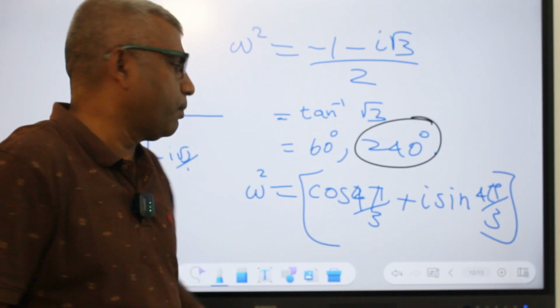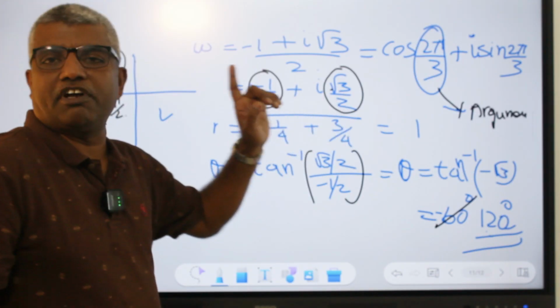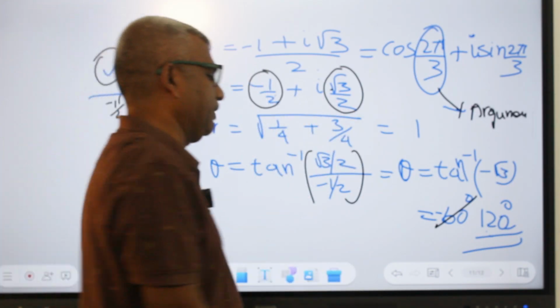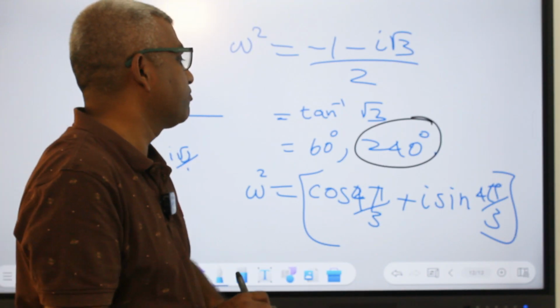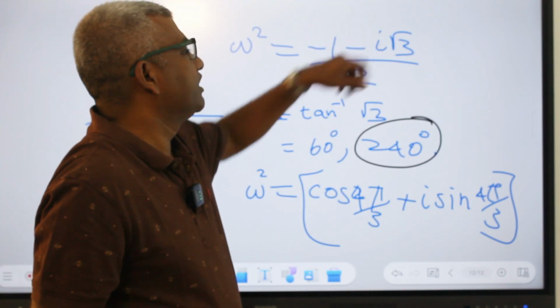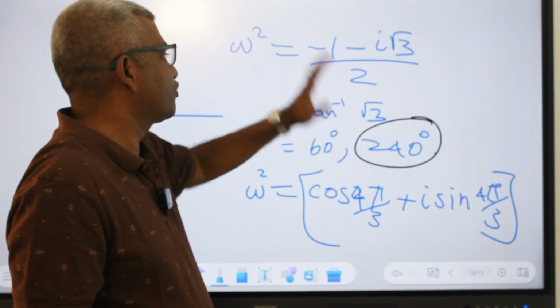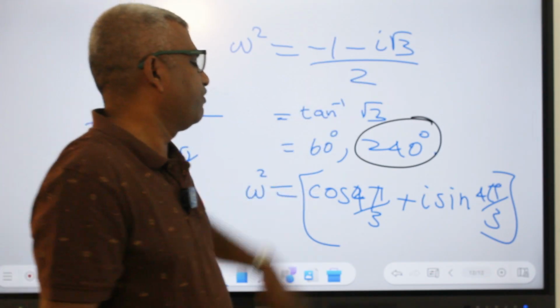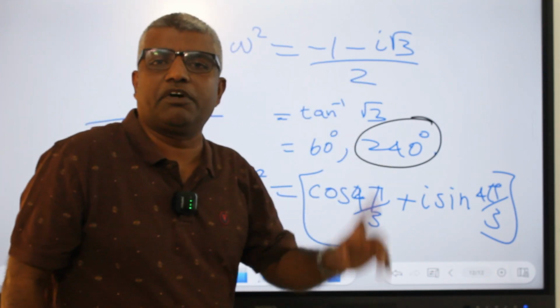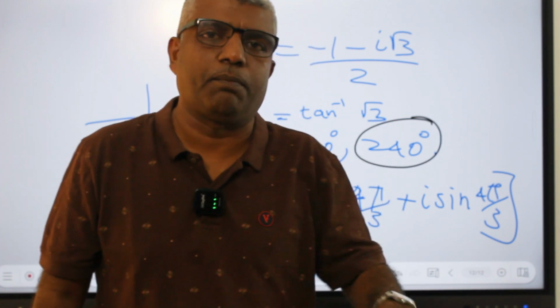So the argument of omega is 2 pi by 3, that is 120 degree, and the argument of omega squared is 4 pi by 3. Keep this memorized, because some sums will come in this format. You need not do everything, just transform it to omega or omega squared and then find the values. Argument of omega is 2 pi by 3, argument of omega squared is 4 pi by 3.